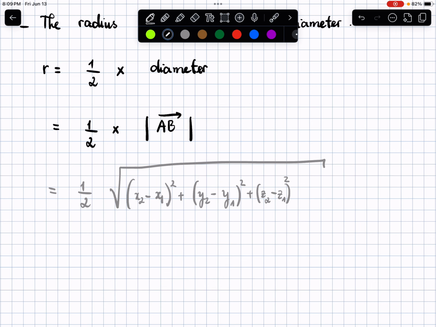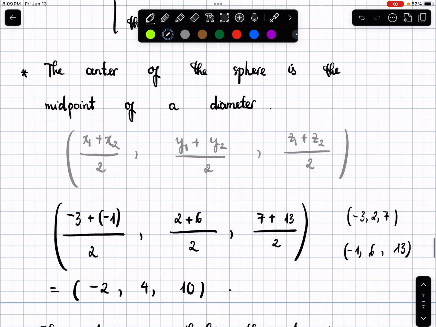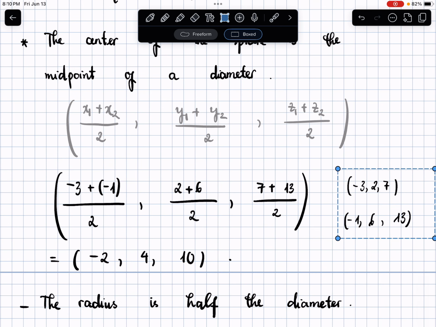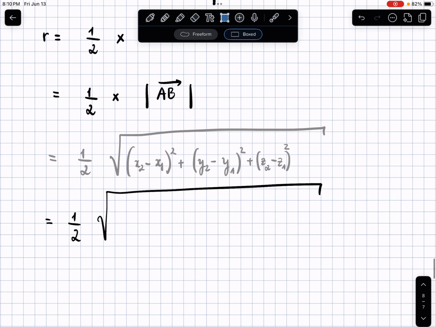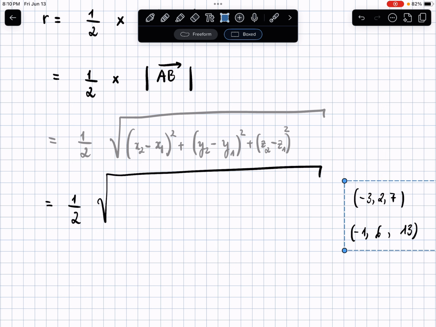In our case, this is 1/2 square root of, this is our data, -1 minus -3, right?